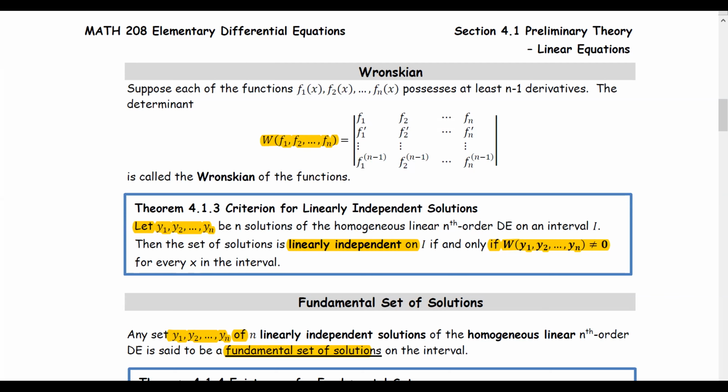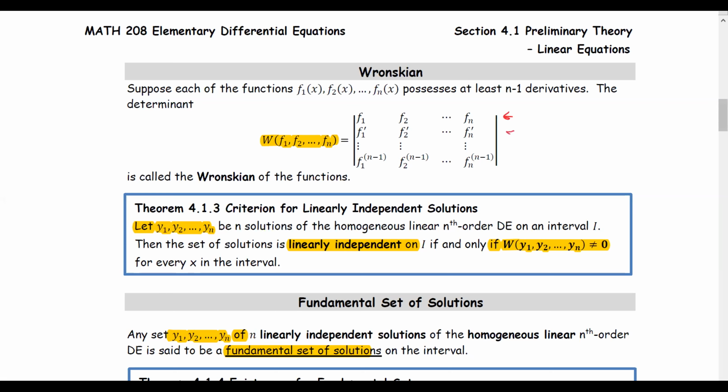We can set up the n by n matrix. If we have n solutions, like f1 all the way to fn, find the Wronskian by finding the determinant of the n by n matrix. The first row has all the solutions, f1, f2 all the way to fn.